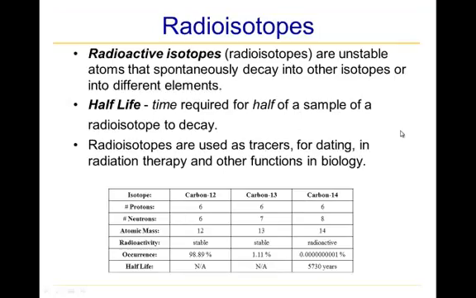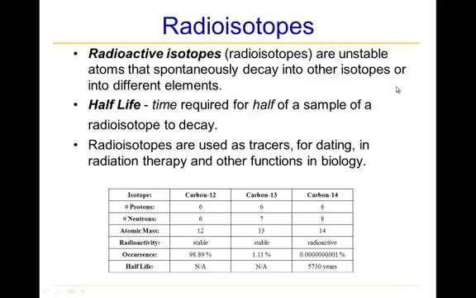We should also, at this time, when we're talking about isotopes, explore the concept of radioisotopes, or what are known as radioactive isotopes. This is where radiation comes from. And radioisotopes are unstable atoms that spontaneously decay into other isotopes or into other elements.